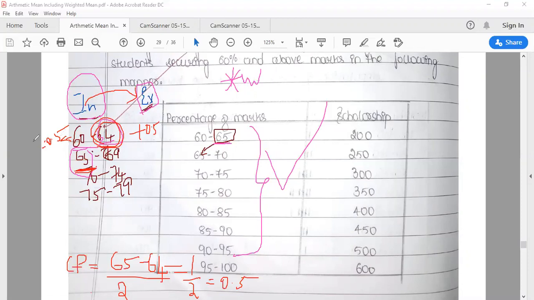Let's see what new class intervals I get: 59.5 to 64.5. Next I will get 64.5 to 69.5. Clear? So I'm getting a continuous series. I have changed from inclusive to exclusive here. So be very careful with this. After conversion of the class intervals, all the methodologies remain the same.